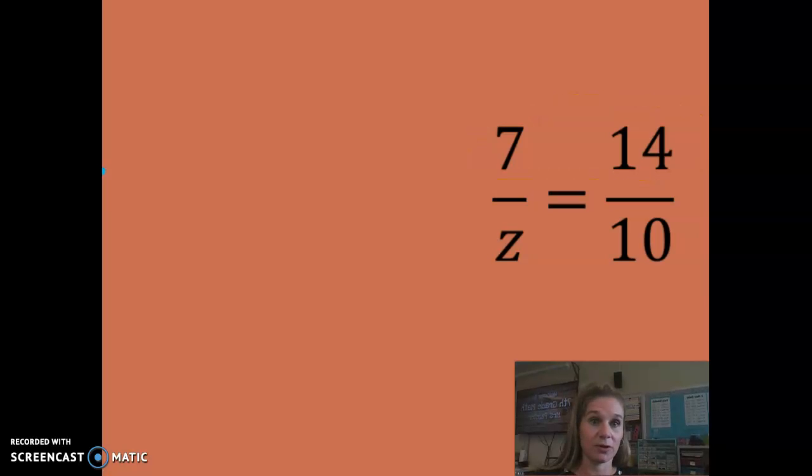So we can work with those two numbers up top. So 7 times what is equal to 14? Or you can think of it as 14 divided by 7. What's that number that we are working with to get from one to the other? So 7 times 2 is what we get to make 14.